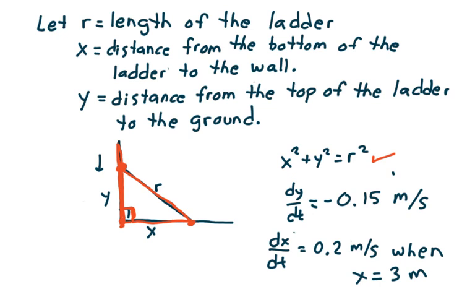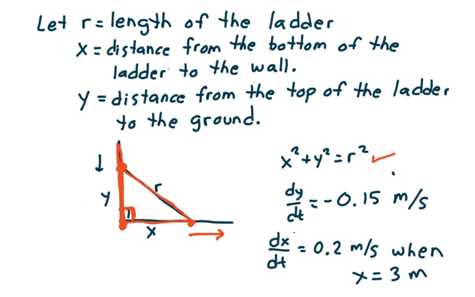Now, as the distance between the top of the ladder and the ground is getting smaller, the distance between the bottom of the ladder and the point where the wall and the ground meet is getting bigger. X is getting bigger as Y is getting smaller. And so that tells me we know dx/dt is equal to 0.2 meters per second when X is 3 meters.